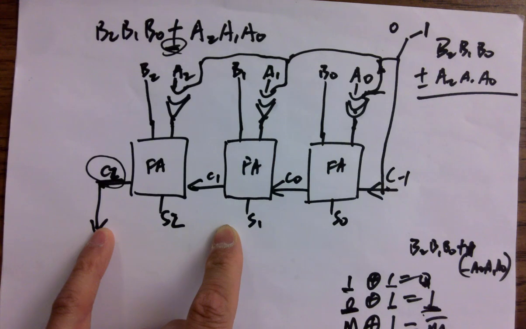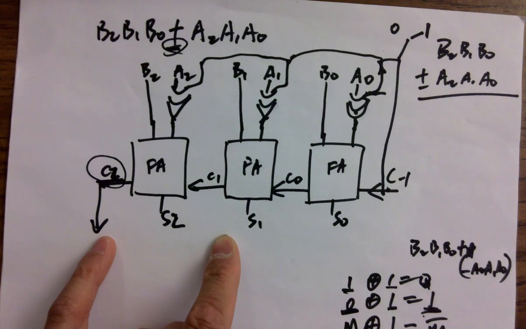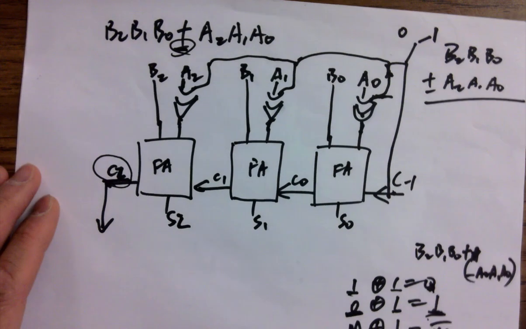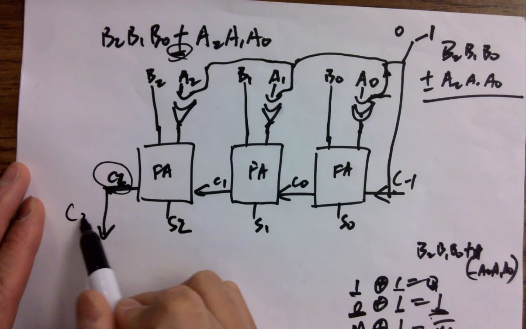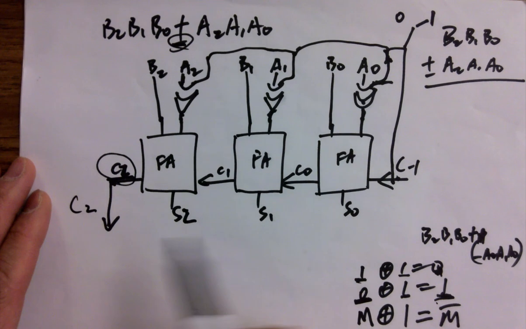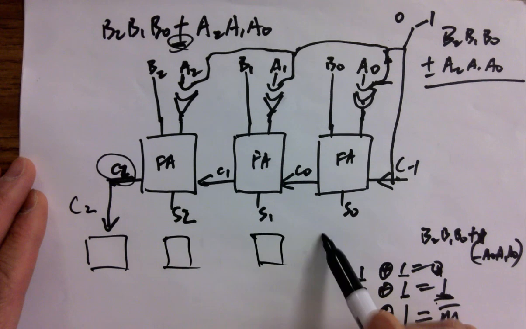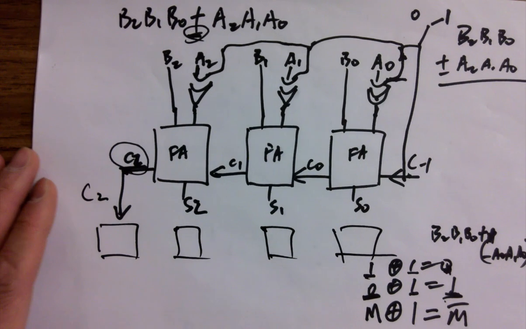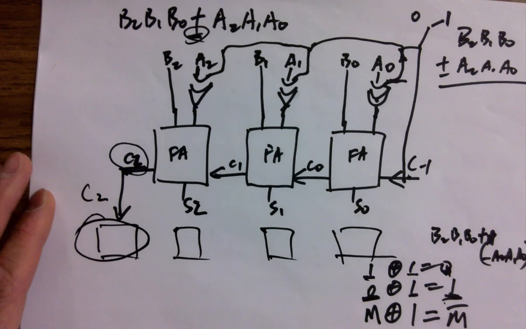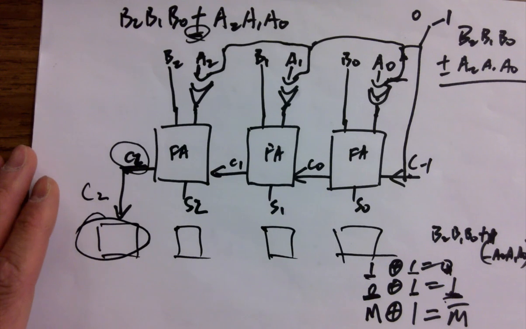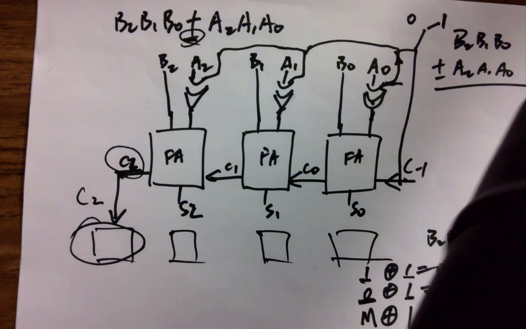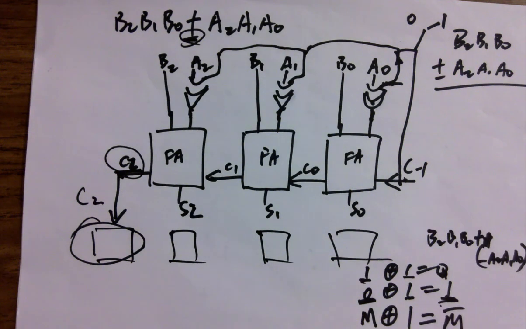If there's overflow, we have to either take, because C2 is always being output to here, right? In Verilog, you can definitely have 4 digits to hold the result, but you cannot guarantee if this is right. Since sometimes there's overflow, you can't just ask the customer, don't put any of the numbers out of the range, right? This is a 3-bit number. It could be out of the range sometimes.